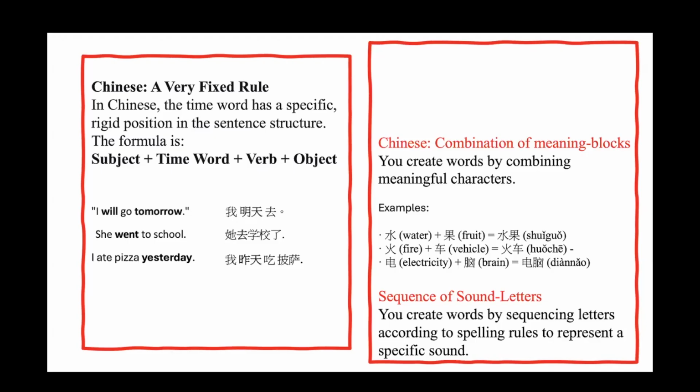And another part, in fact, the combination of meaning blocks. In Chinese, how do Chinese name English words? 单词. Why 词? Because an English word is a phrase by itself, but not in Chinese. In Chinese, they combine single characters, like 电脑.